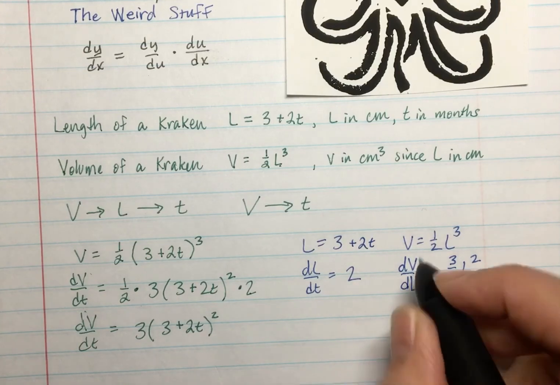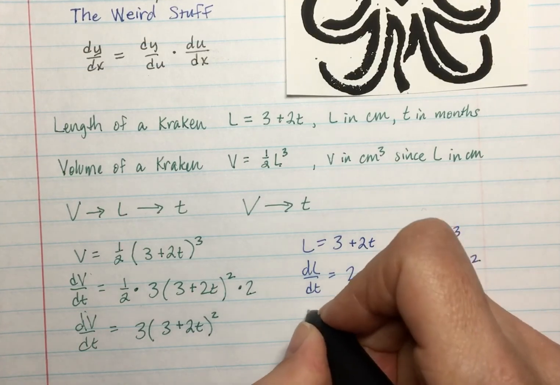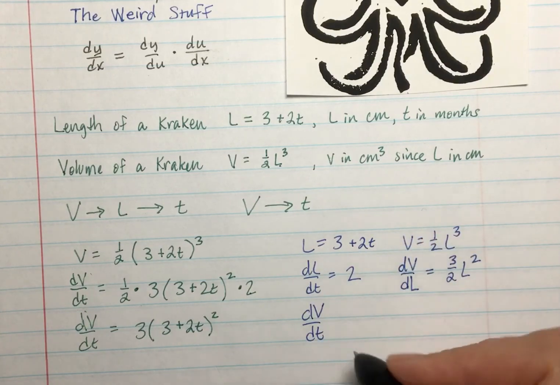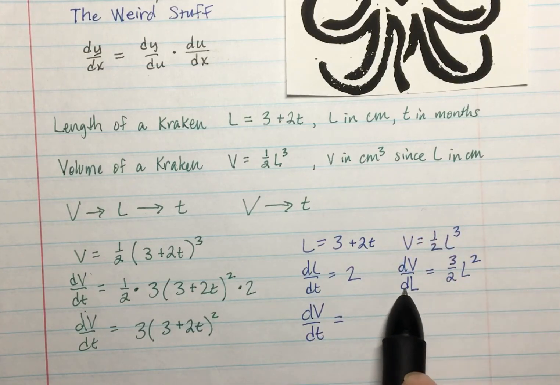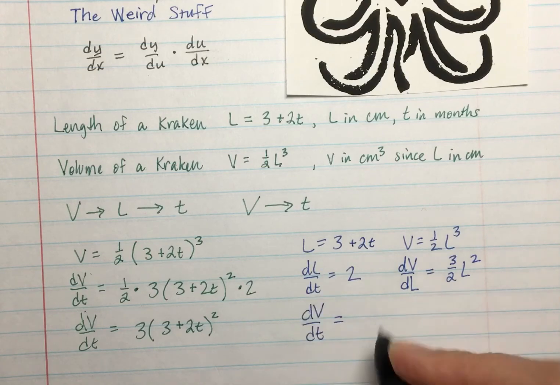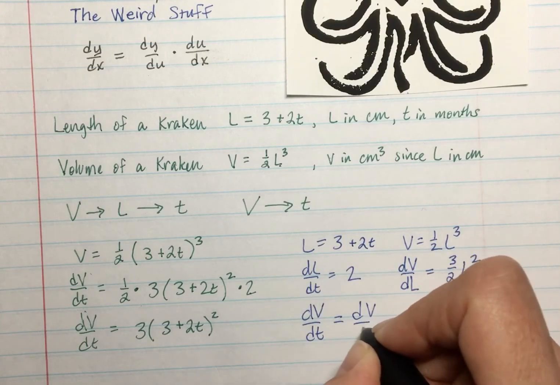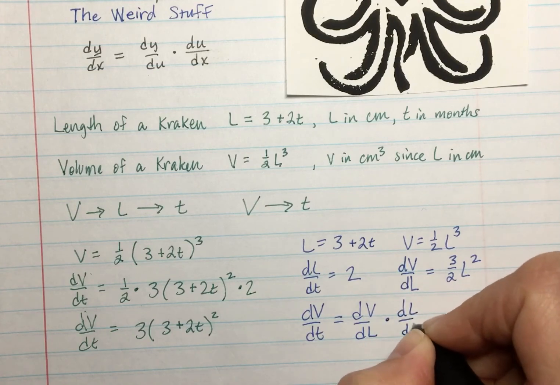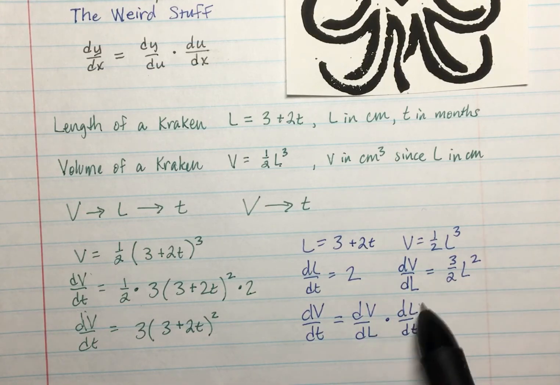So that means that, now looking at this, if we want dV/dt, we can take dV/dL and dL/dt and multiply them. Because now those dL's cancel, right? And so dV/dt equals dV/dt.